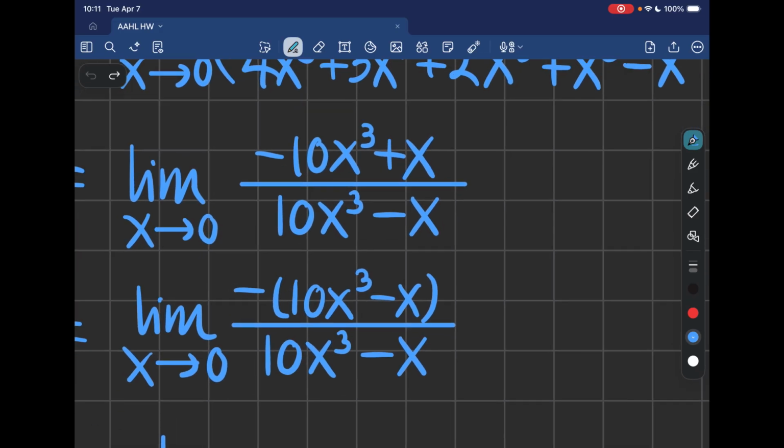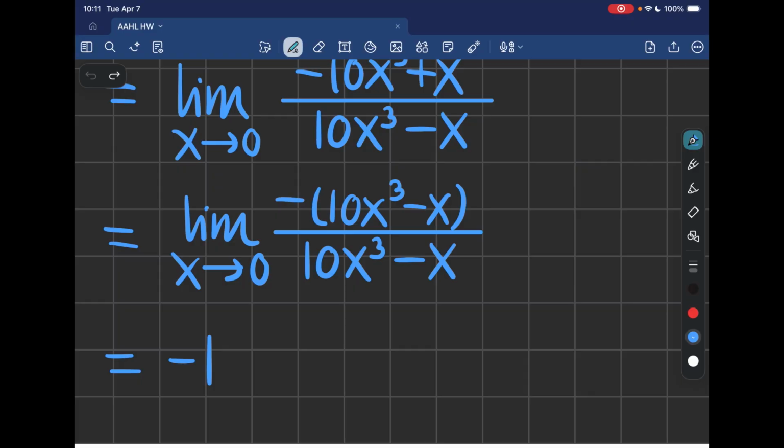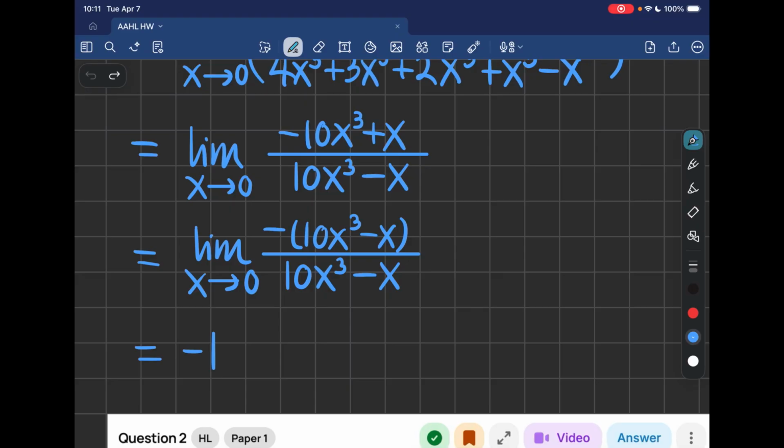So we can eventually write that the limit as x approaches 0 is just -1 for this case, because we just cancel out these two and have -1 left.